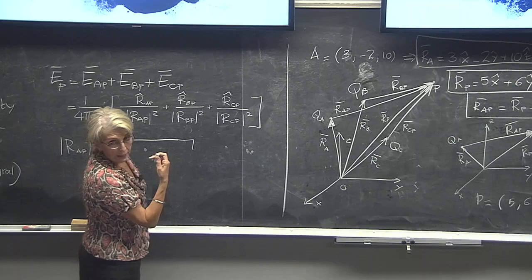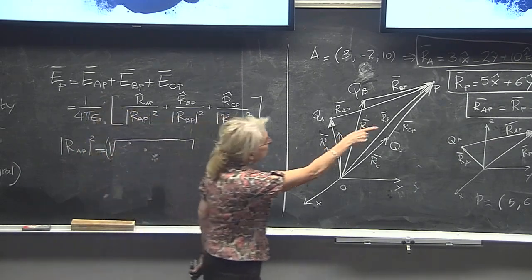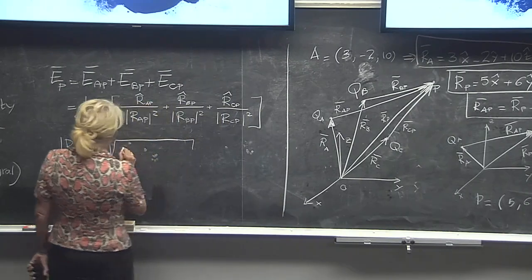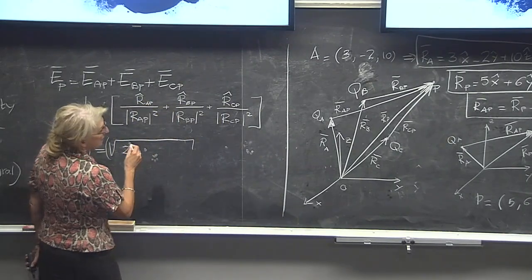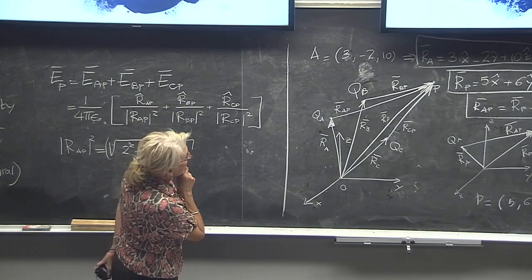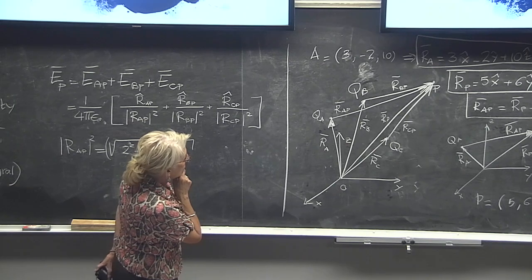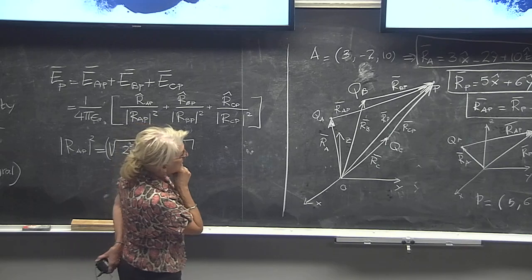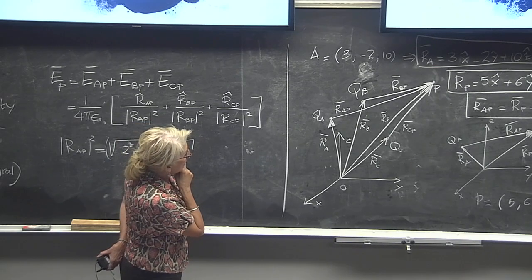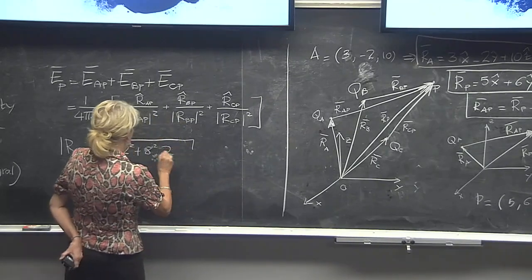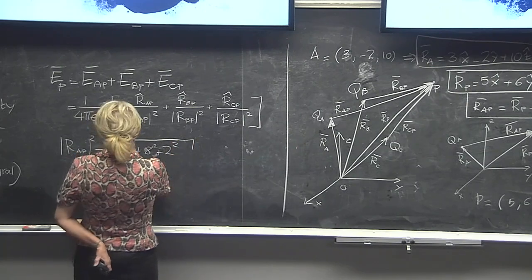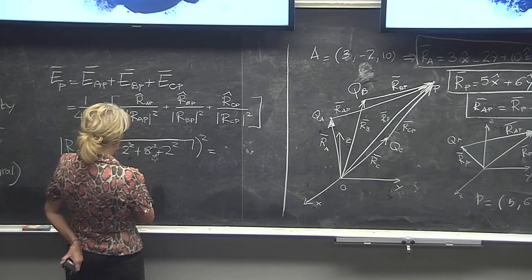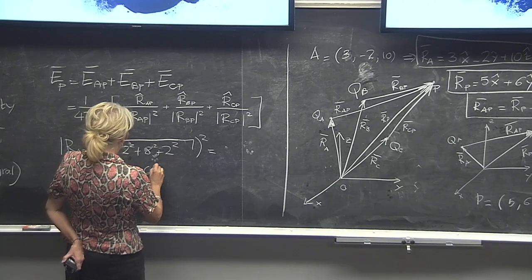So it's going to be, all right, 5 minus 3, so it's 2 to the second. 2 to the second plus, and then 6 plus 2, 8, and then 12 minus 10, 2. All right, and that's the second. So that is 4, 64 plus 4.